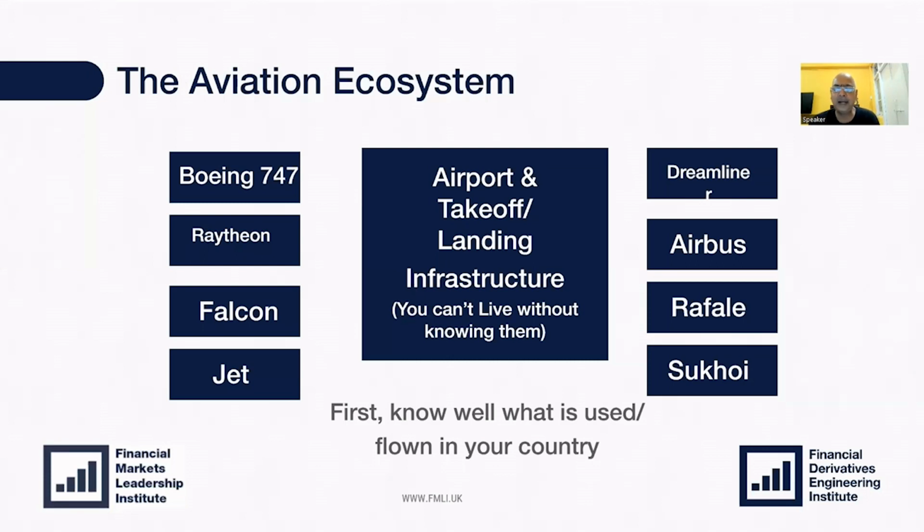So the sell side, which is the airport infrastructure and air traffic control, to be able to talk to them and to be able to land your aeroplane, is absolutely vital regardless of what kind of aircraft you are flying. Please say yes if you understood this. आप छोटा से छोटा भी प्लेन लेके जाओगे, if you cannot talk to the air traffic control, if you cannot land your aeroplane, then you won't be able to take off. You won't be able to land.